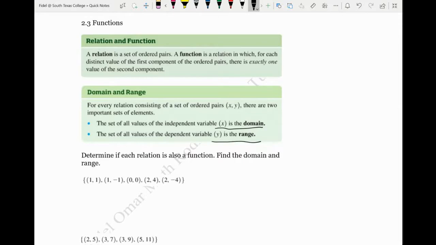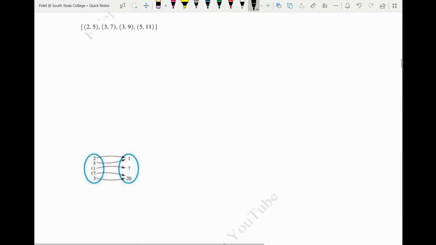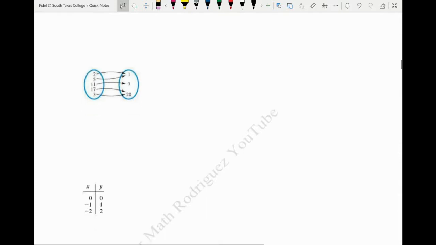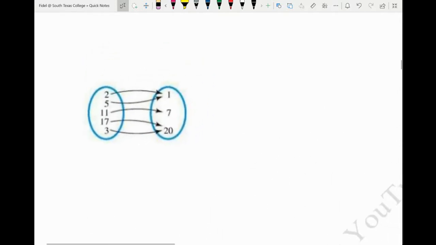So the easiest way I can explain this, what I found is the easiest way, I'm going to come back and do the first two problems, but I'm going to do this problem here, okay? So the domain is always the first set, and the range is always the second set.